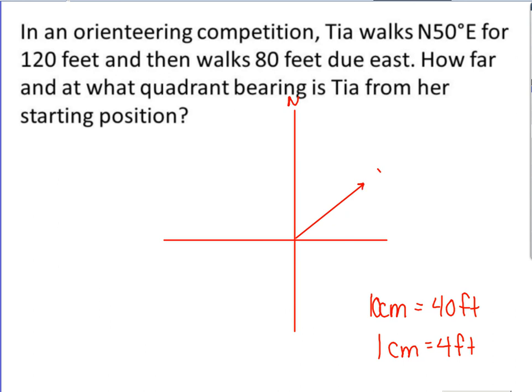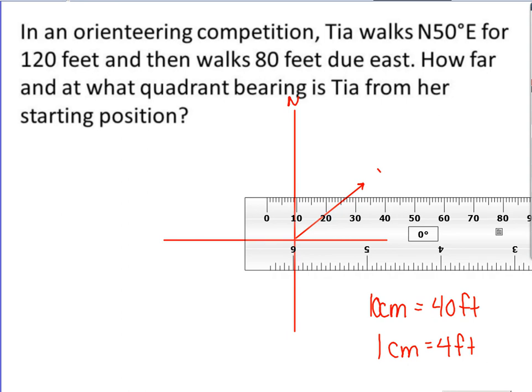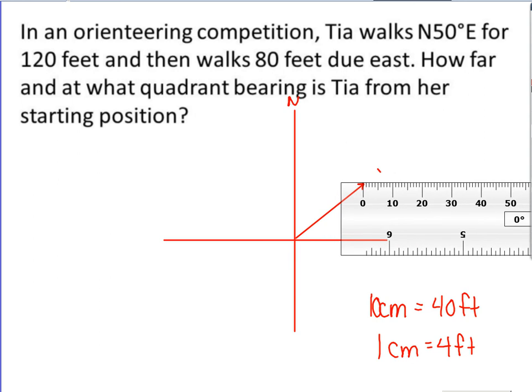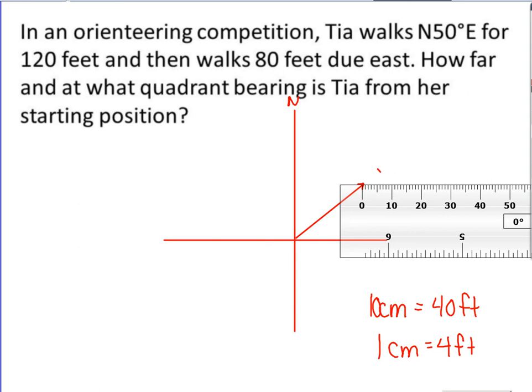Now, where the first vector ends is where the second vector is going to start. And it says from there, she's going to walk due east 80 feet. So if we line it up, we're going to start at the end of vector A, and we want to go east 80 feet. 4 goes into 80 20 times. So we'll start here.